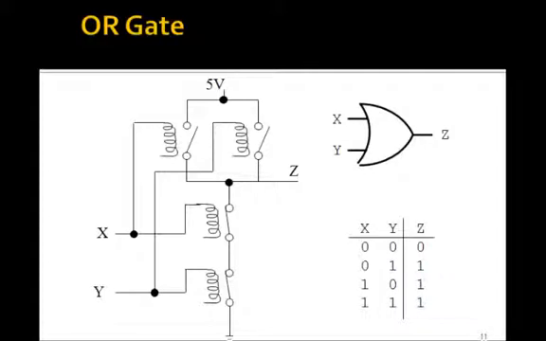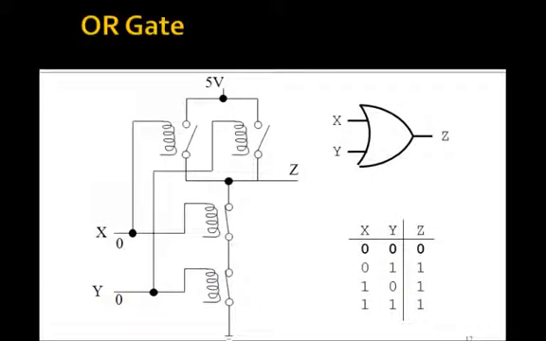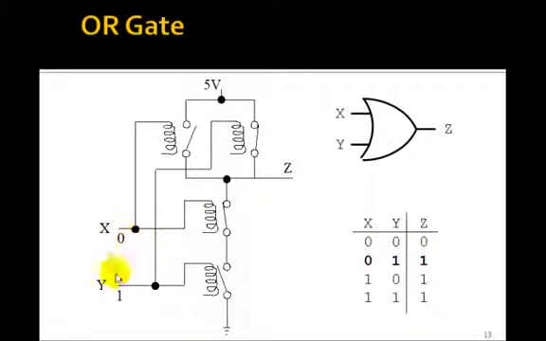How about an OR gate? Well, as you might expect, here we put the 2 normally open ones in parallel and put the normally closed ones in series. So again, if they're both 0, both of these are closed, we go to ground, and the output's 0. If we make Y 1, that closes this one, so now we have a connection up to 5 volts.